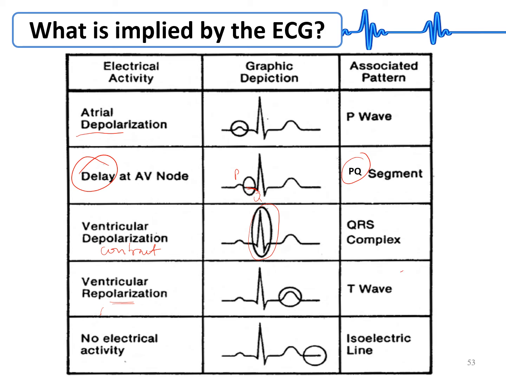So this is actually diastole of the ventricles and the atria. There is no electrical activity, which allows blood to flow into the atria and the ventricles during the third phase of the cardiac cycle, the atrial and ventricular diastole.